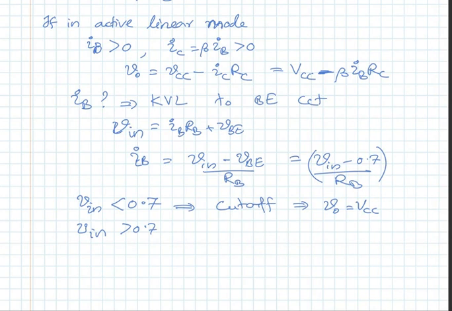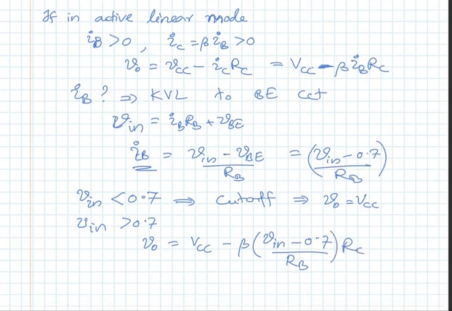So V out is equal to VCC minus IC, which is beta times IB, taking from the previous result, V in minus 0.7 divided by RB, times RC.